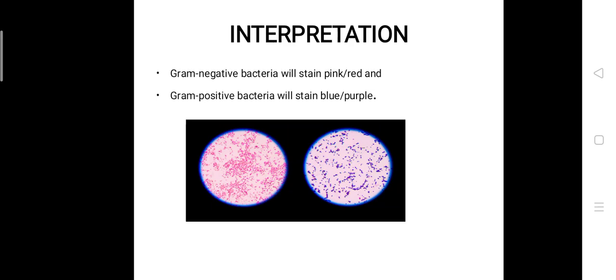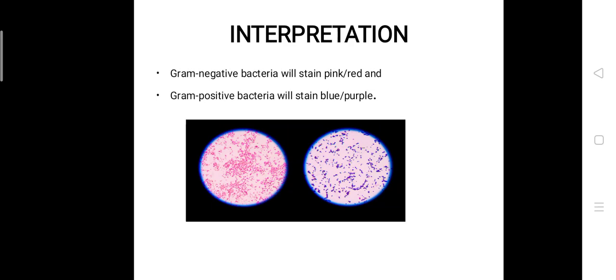Now how should the gram stain be reported? The report should include the number of bacteria present, whether many, moderate, few or scanty, then the gram reaction of the bacteria, whether gram positive or gram negative, then the morphology of the bacteria, whether it is cocci, diplococci, streptococci, rods or coccobacilli.